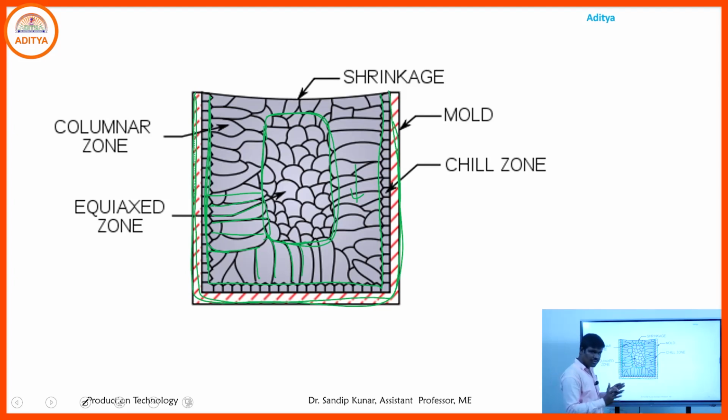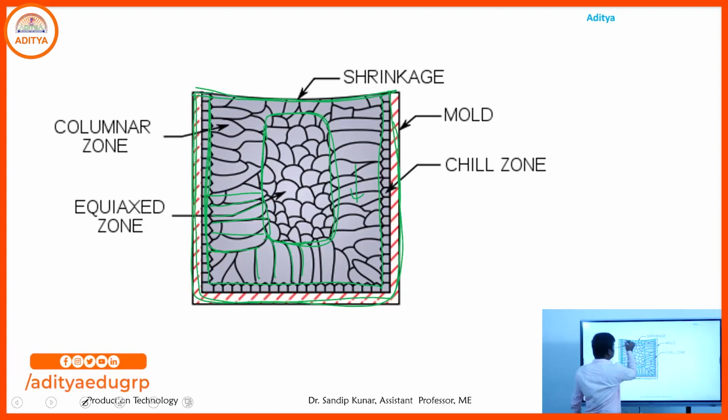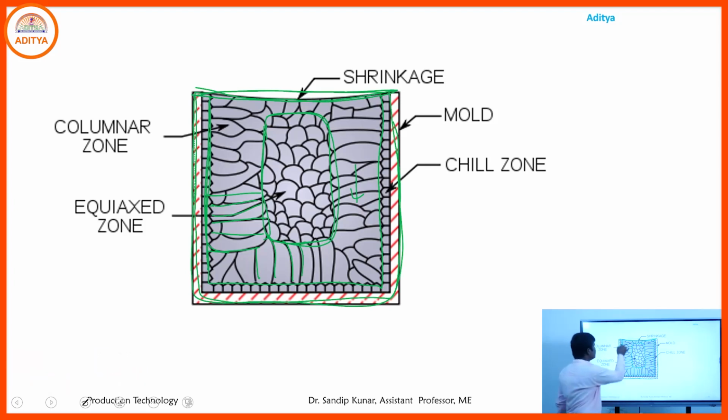After removal of the heat from the mold cavity, it converts into a solidified product, and then shrinkage happens, which means some voids will be created in the mold cavity. After pouring, the molten metal fills up the cavity, and after solidification, due to shrinkage, that type of surface will be formed.